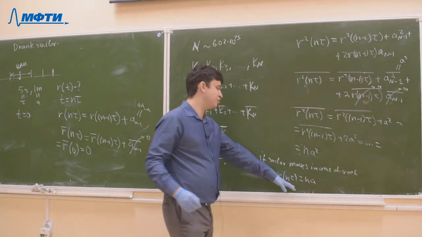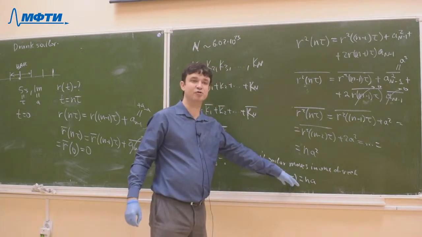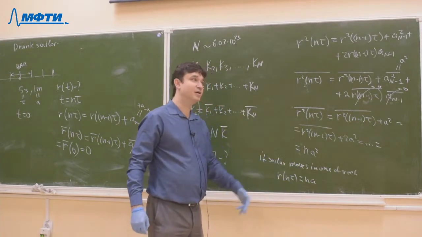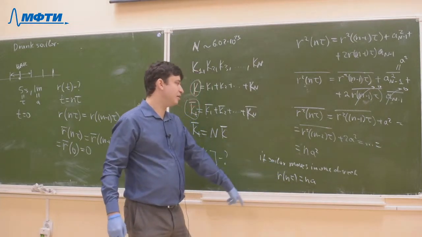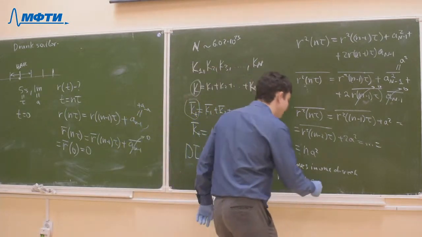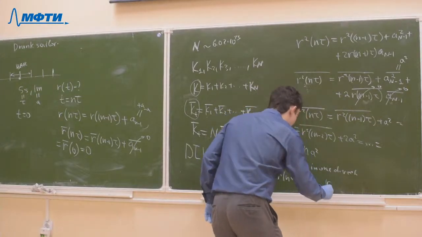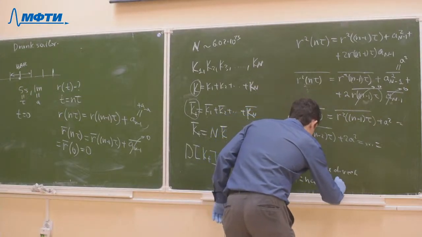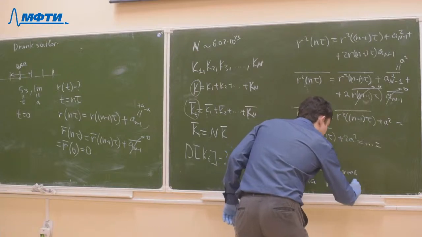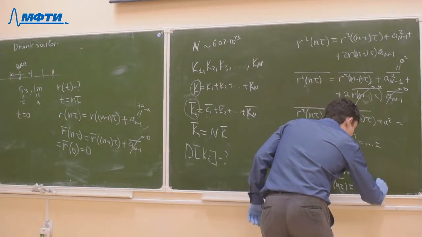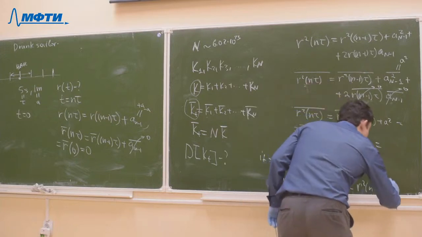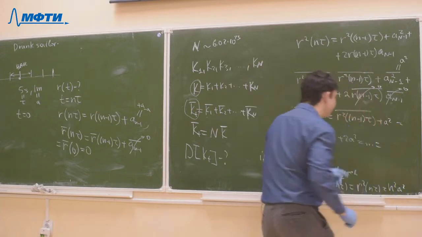Of course, this is not a random variable, it's a determined variable, but we can look at it as a random variable and calculate the squared average, which will give us n squared a squared.